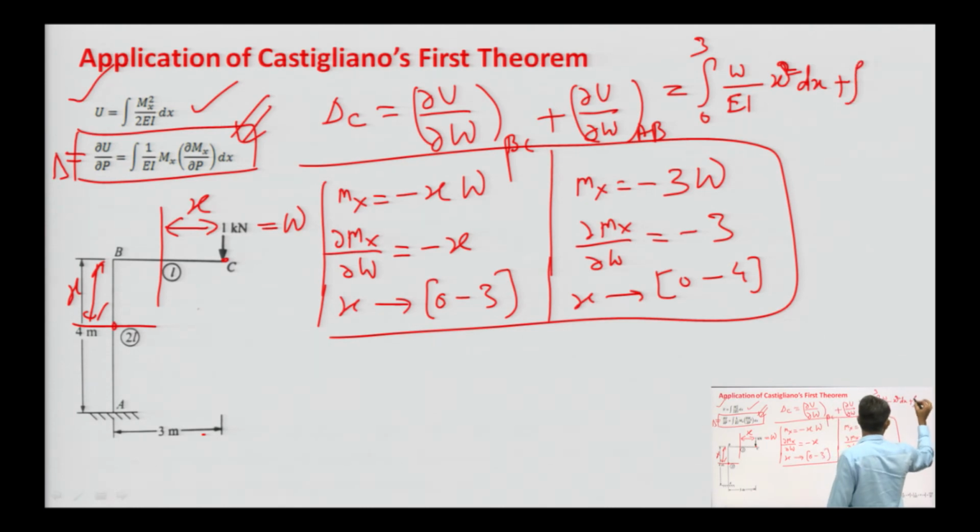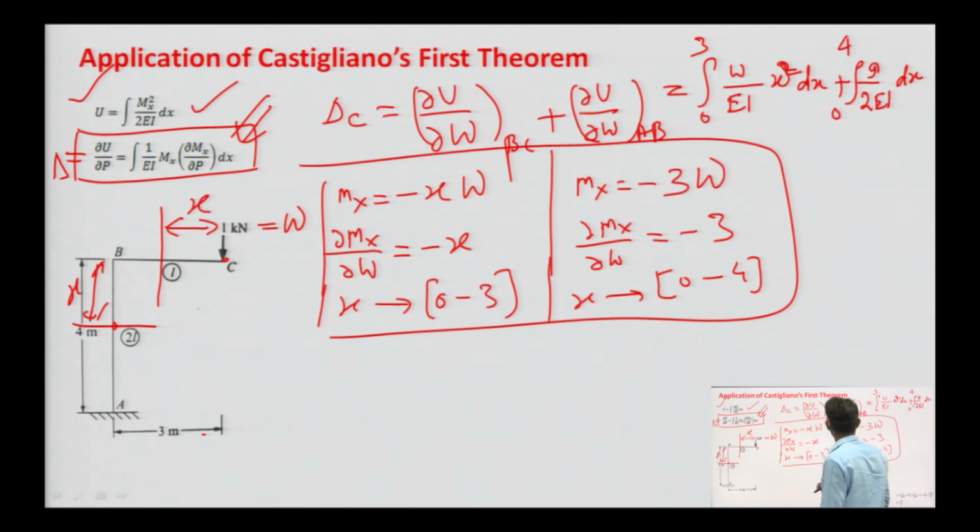Now, for AB, limit is 0 to 4, divided by 2 E I, and this one minus 3, it is 9, and dx.